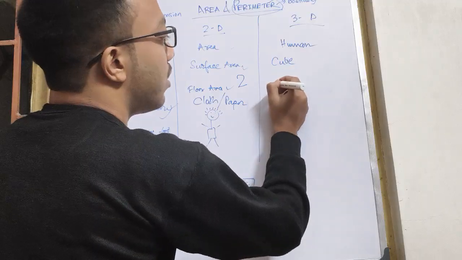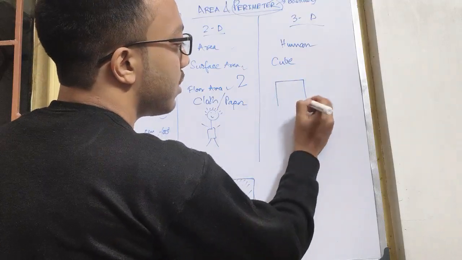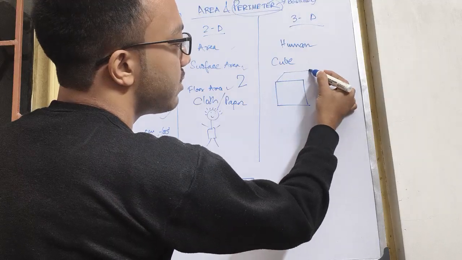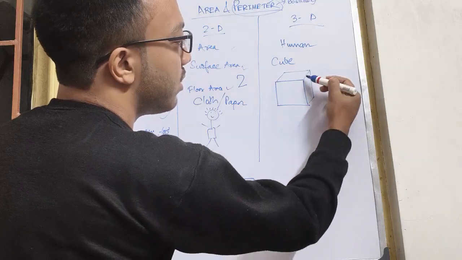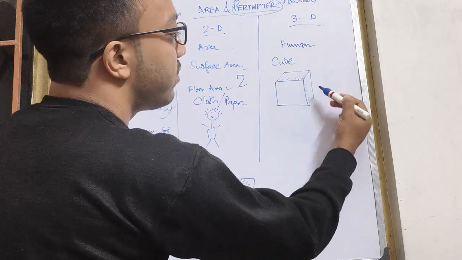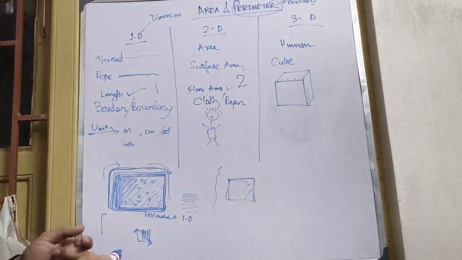See, this is a 2D structure, but whenever it has a thickness, it becomes a cube. This is the thickness.